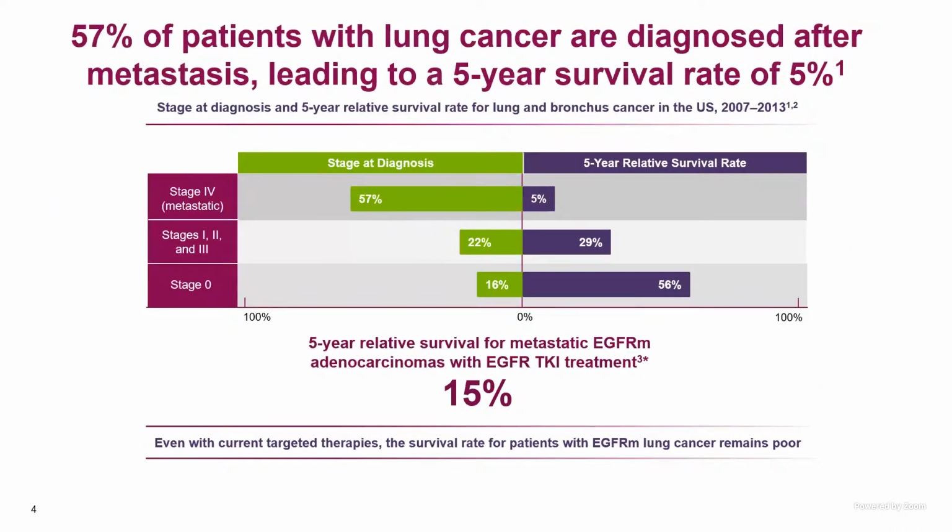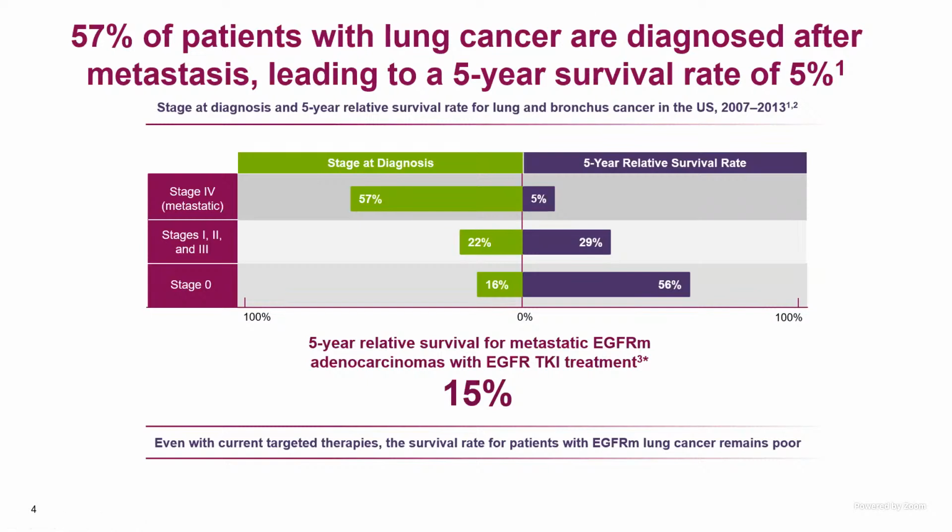So 57% of lung cancer patients are diagnosed after metastasis, leading to 5-year survival rates of just 5%. In many of our practices, we will have almost 70 to 80% patients being diagnosed in stage 4 even today.